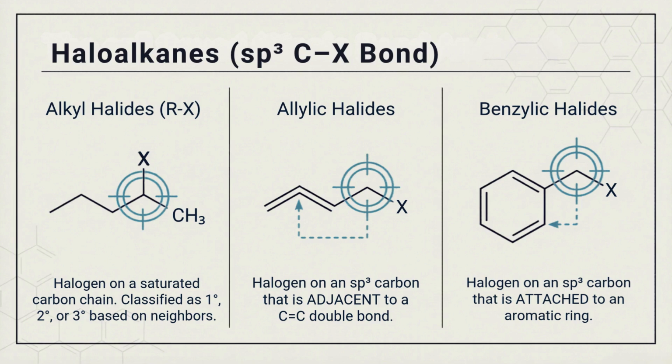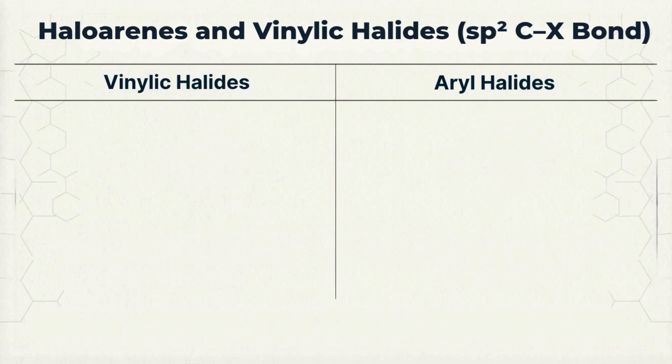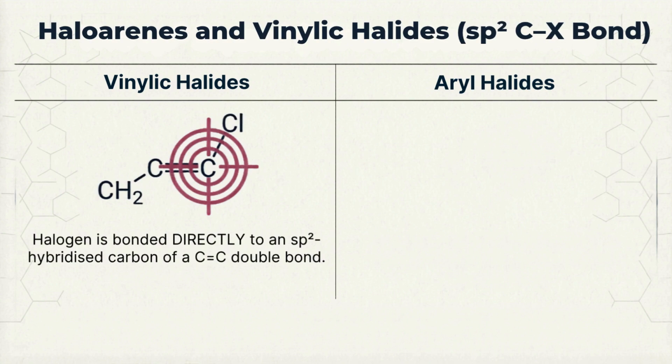Here's the important distinction. The carbon carrying the halogen is still sp3, so the compound behaves like a haloalkane in classification terms. Haloarenes and vinylic halides behave differently because the halogen is directly attached to an sp2 carbon.